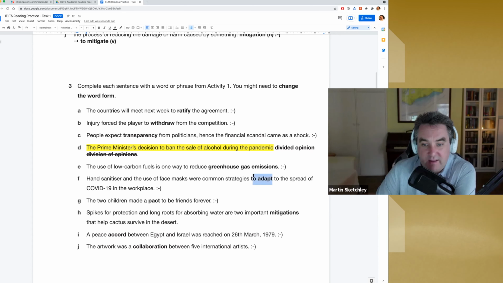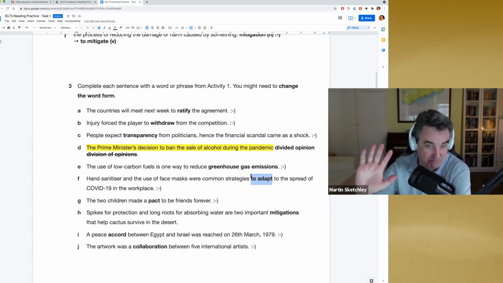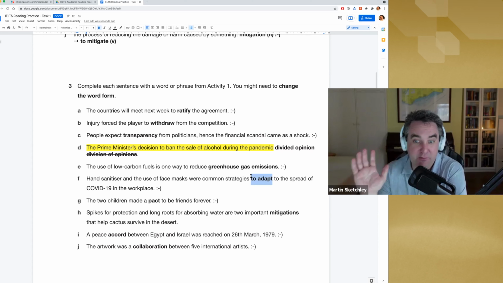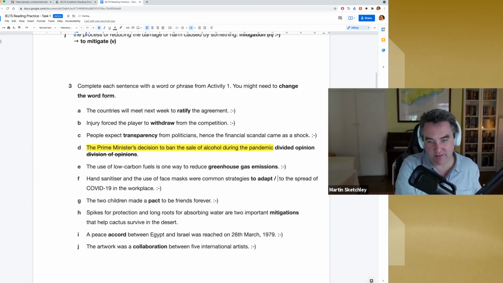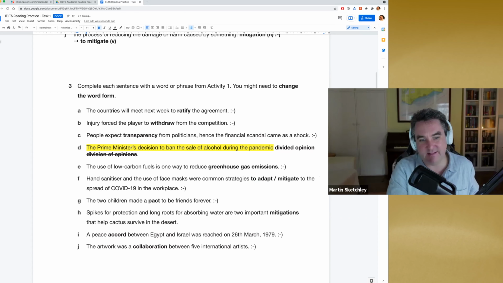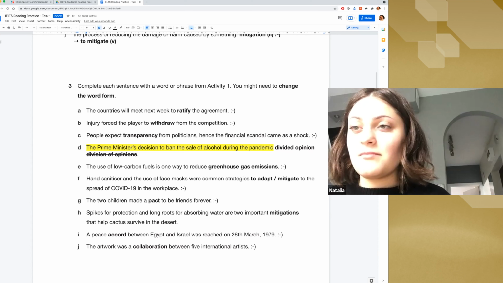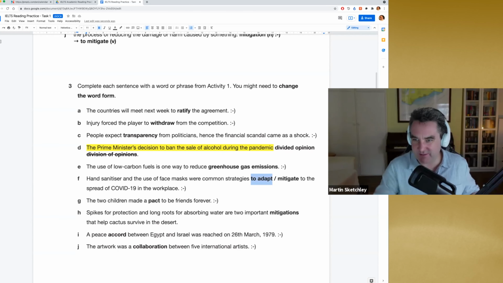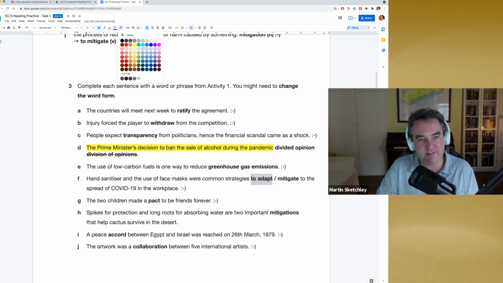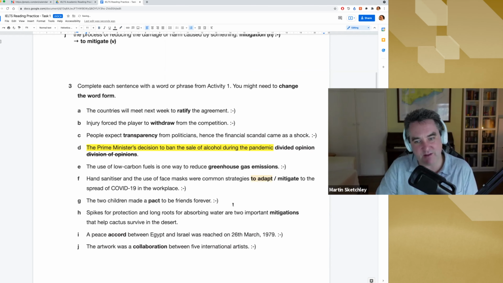Your answer here is fine. It makes perfect sense. But the answer that I've got in the handbook is mitigate the spread of. But to be honest, I prefer to adapt because we're changing our habits, aren't we? So I think that makes sense.